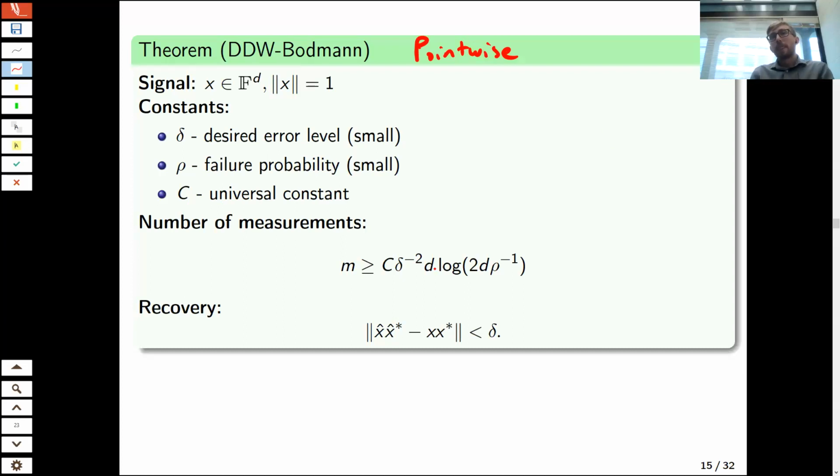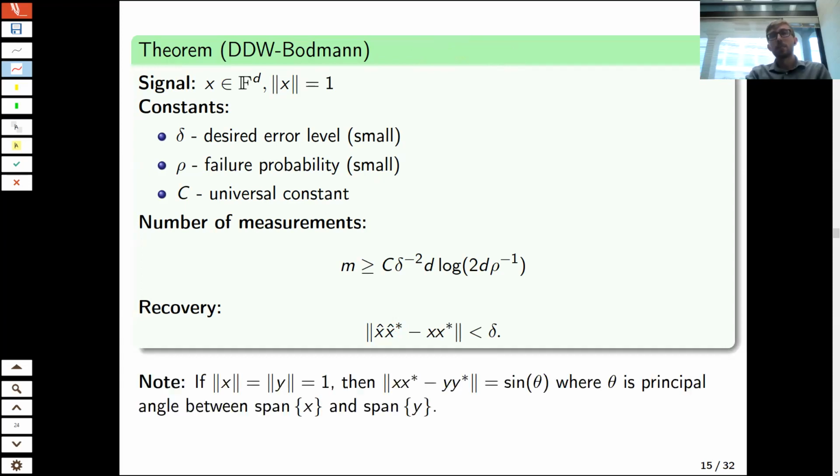And in the setup, if I take m, the number of measurements, to be at least c times delta to the minus 2, times the dimension d, times some logarithmic factors involving the dimension and the failure probability, then we can recover, with failure probability rho, this x hat, which is our principal eigenspace of q hat, within delta of xx star.